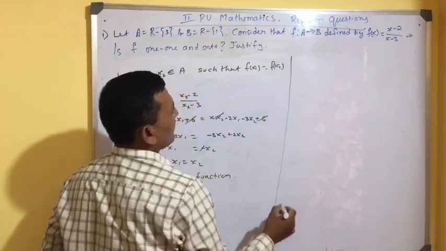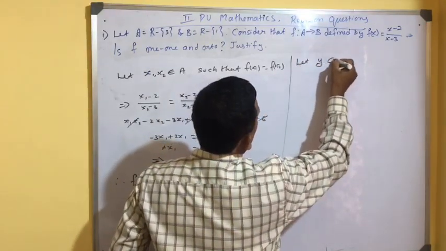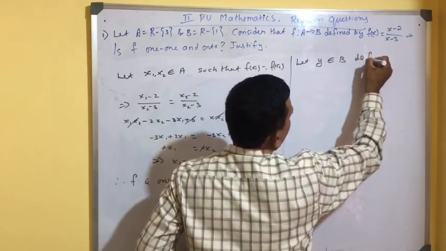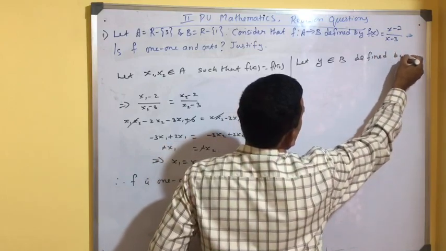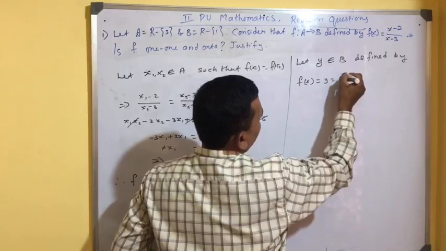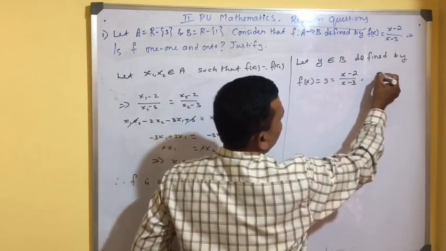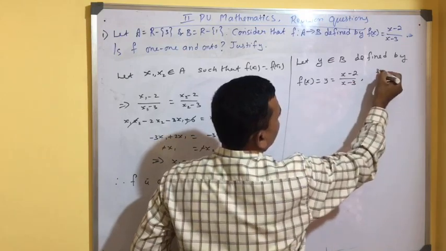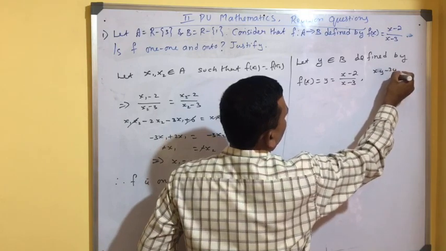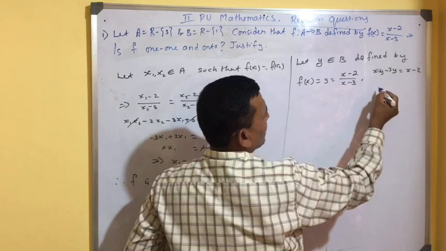Let y belong to B defined by f of x is equal to y equal to x minus 2 divided by x minus 3. When you simplify this one, it becomes xy minus 3y is equal to x minus 2, because here we have to cross multiply.